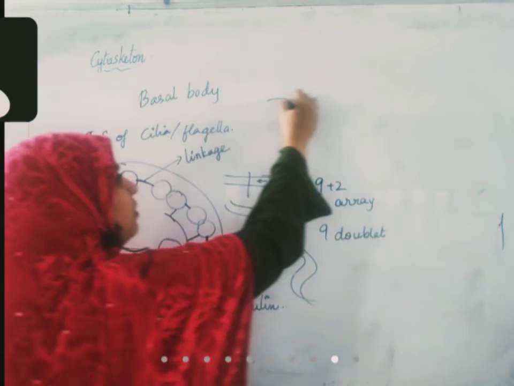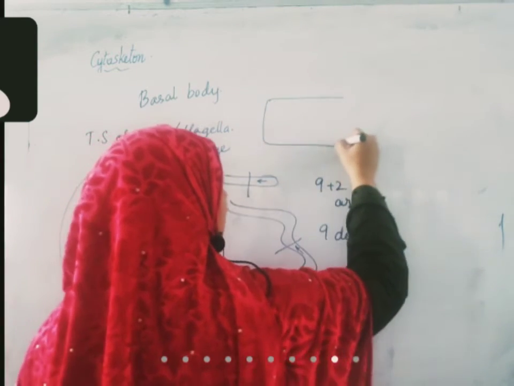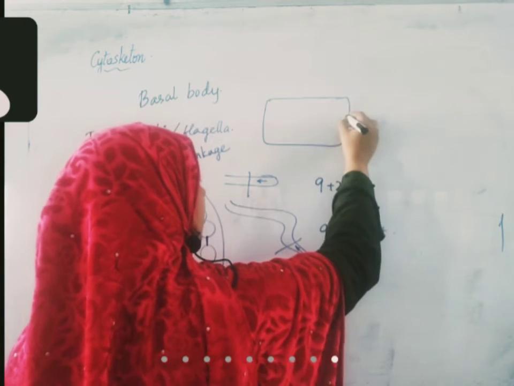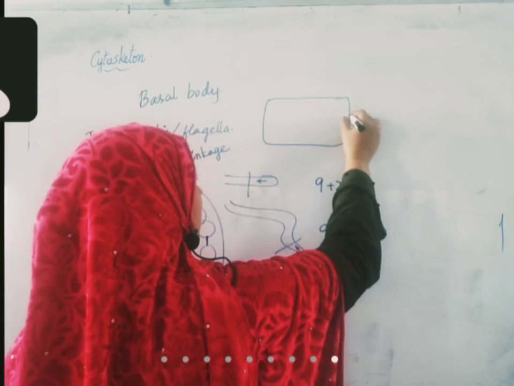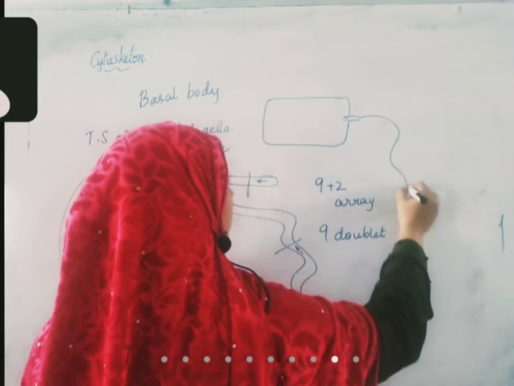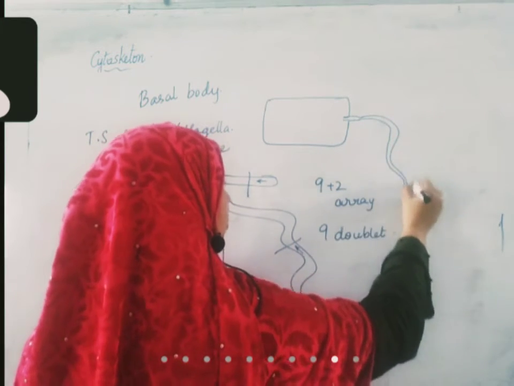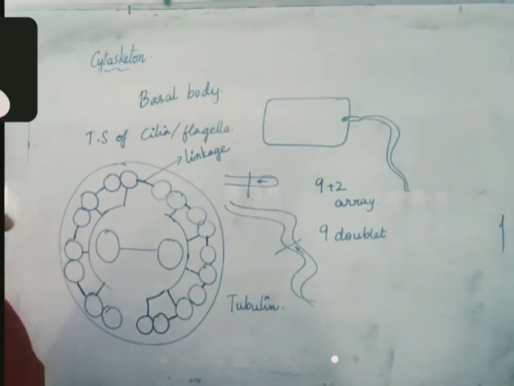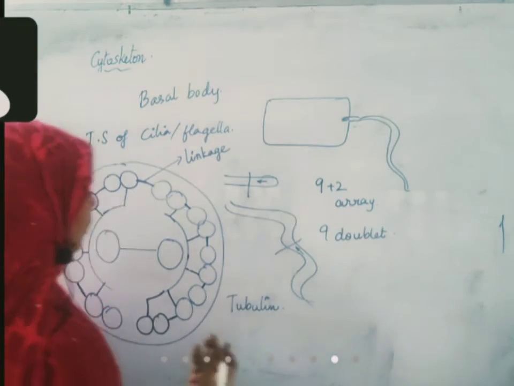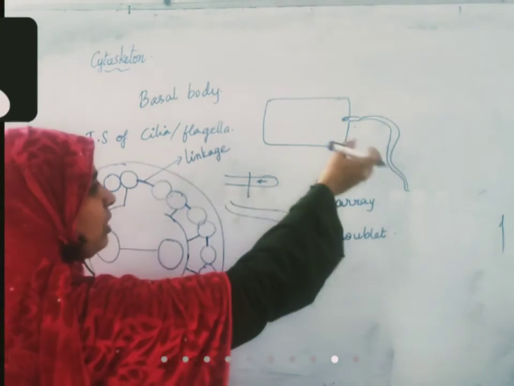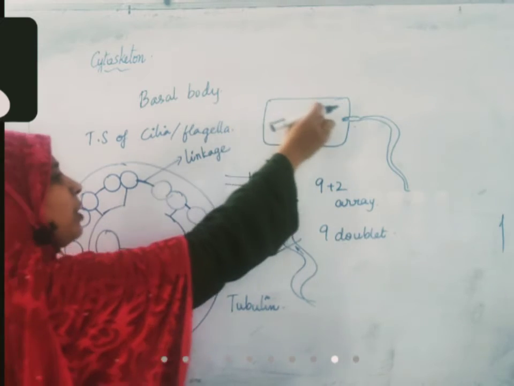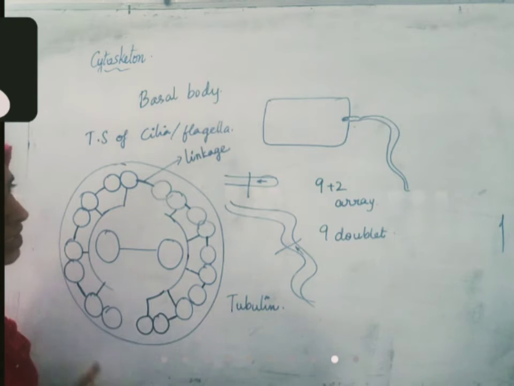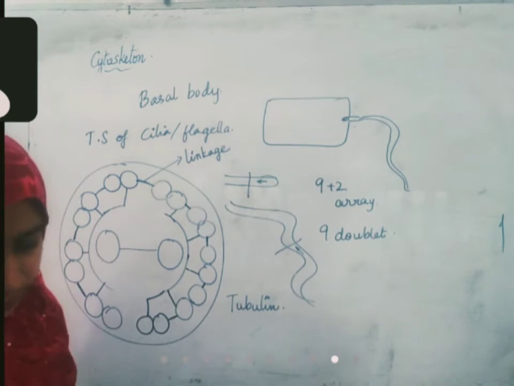When we drew the flagella of a bacterial cell, we drew a basal body, a stalk, then a filament. This is the basal body from which the flagella or cilia will grow. If only one is formed, there is one basal body; if more are formed, that many basal bodies are there. All the cilia and flagella arise from basal bodies only.